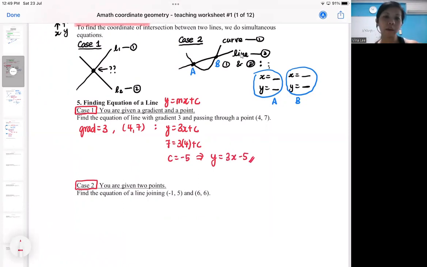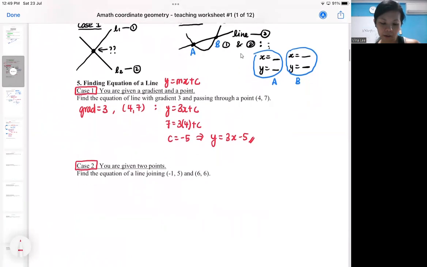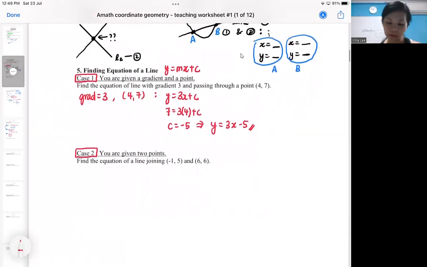So if you don't have the gradient, you just have 2 points, well, you go and use the gradient formula first. Okay, so it's very much like what you did in your A-math. So you get a gradient, you choose the point that you would like to use to find c.